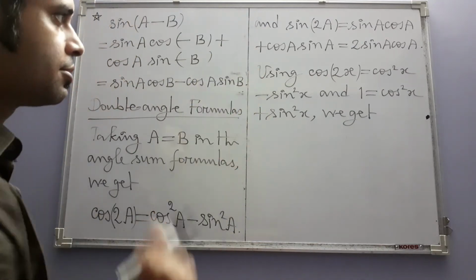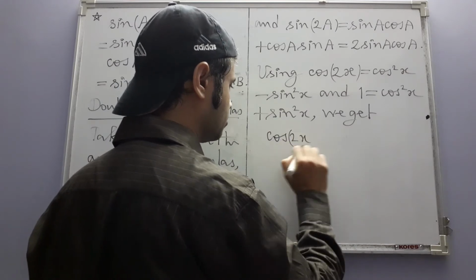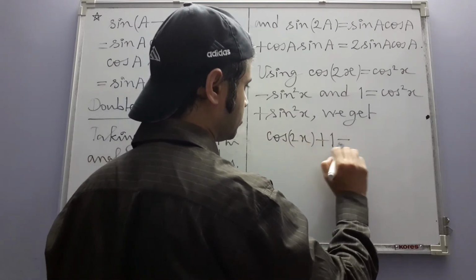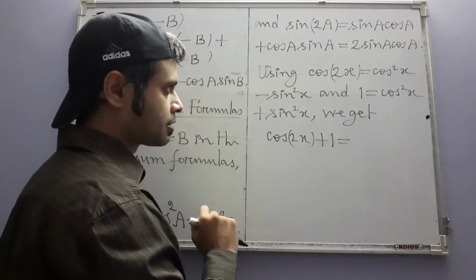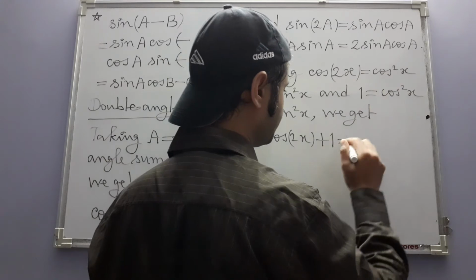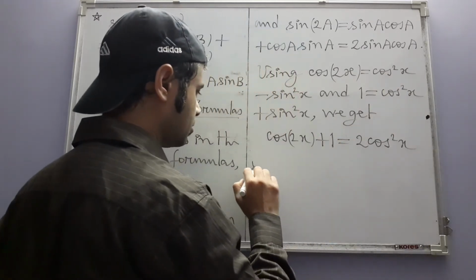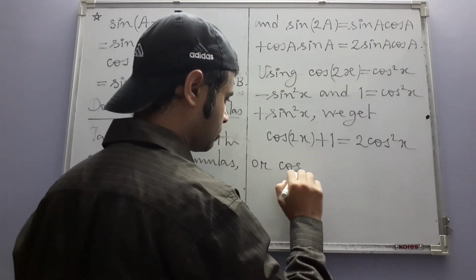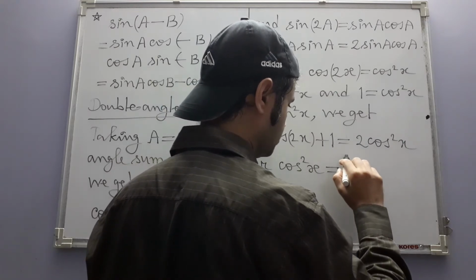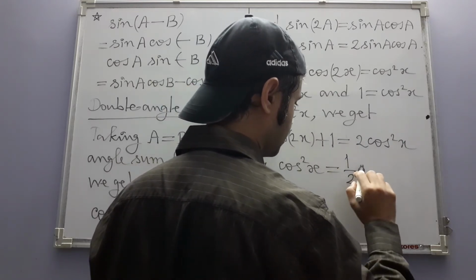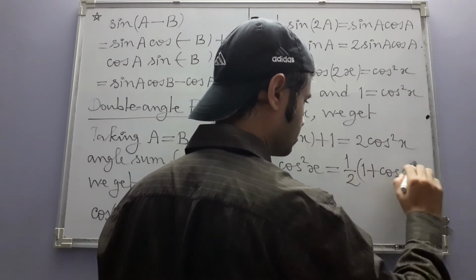First, if you add these two equations, you get cos 2x plus 1, minus sine square x and plus sine square x will cancel out, and here you will have 2 cos square x, or cos square x equal to 1/2 of 1 plus cos 2x.